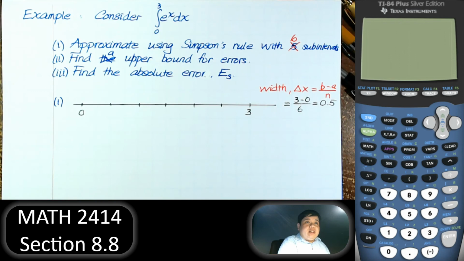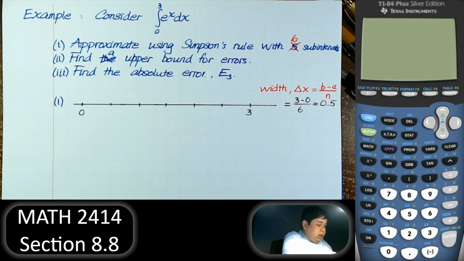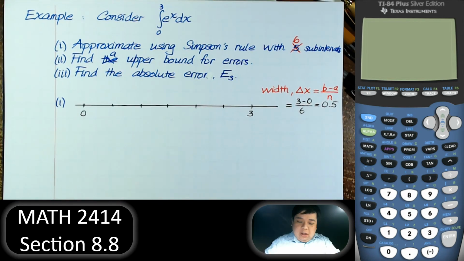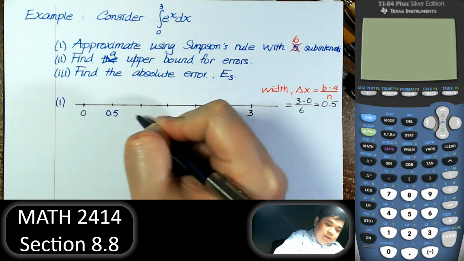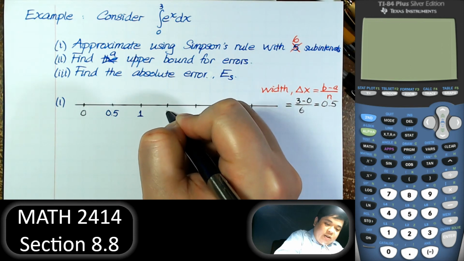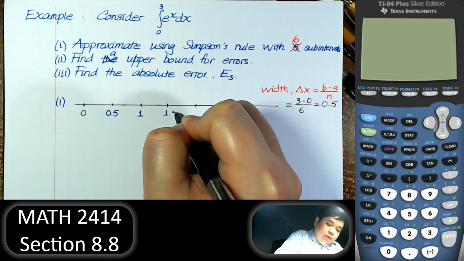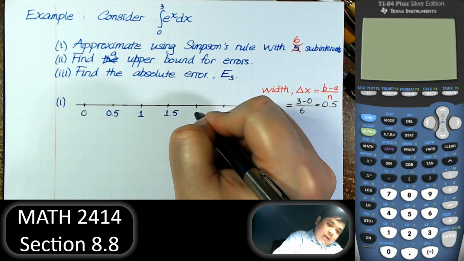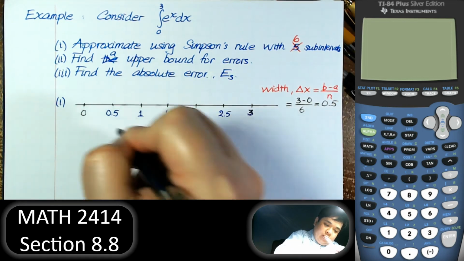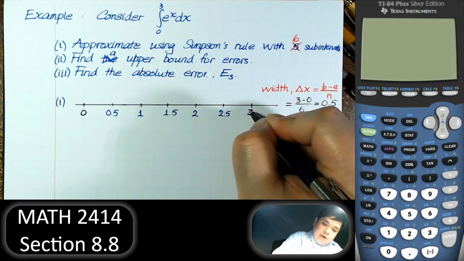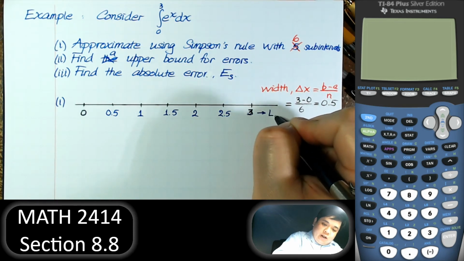So 0.5 is the width of one interval. So going from 0 to 3, each increment is 0.5. So 0.5, then 1, 1.5, 2, and 2.5. Those values we're going to store into L1.